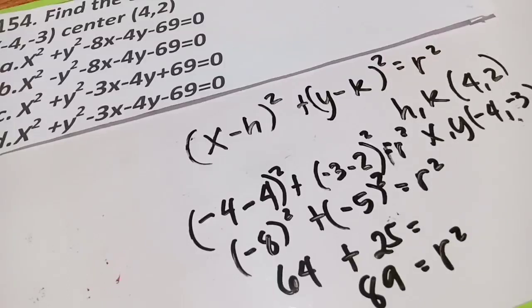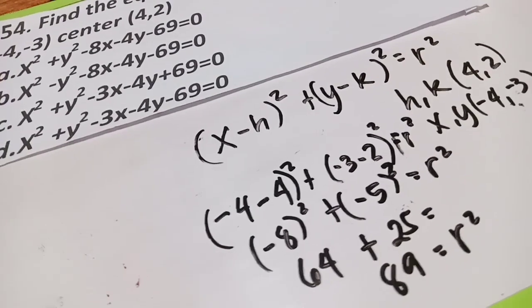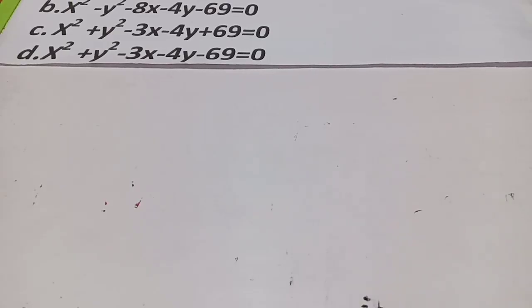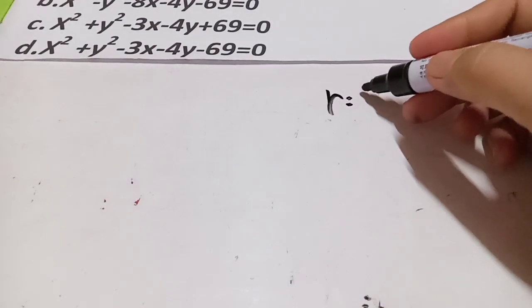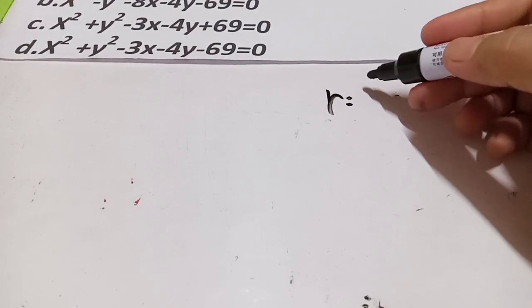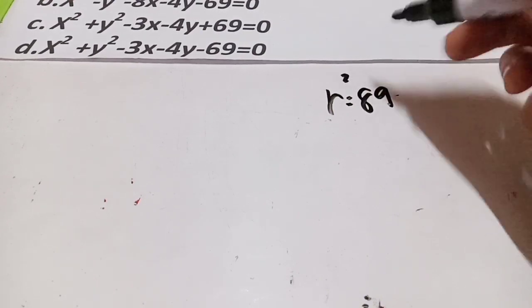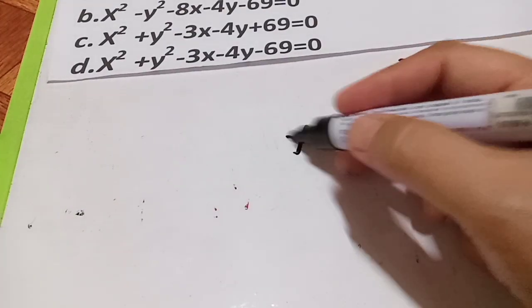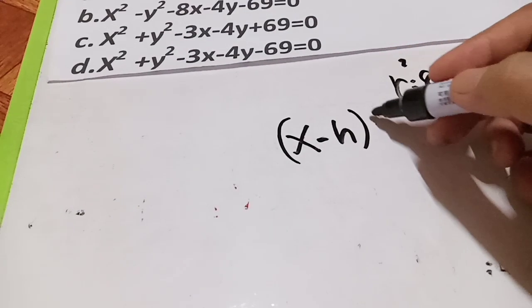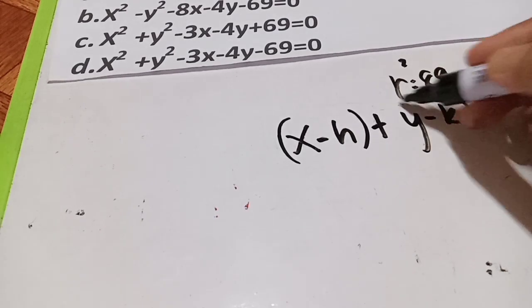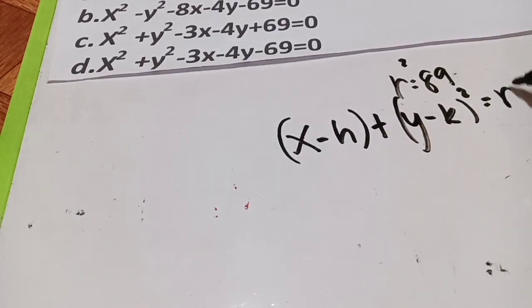And then how do we get our general equation? Let's substitute for this one. We know that our r squared is 89. This is just a continuation. x minus h squared plus y minus k squared equals r squared.